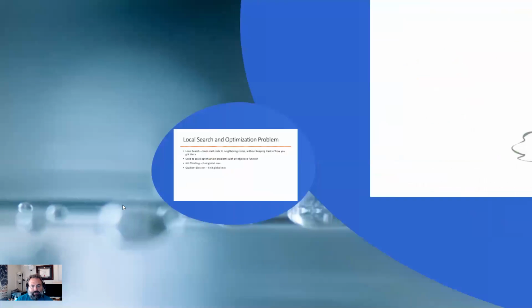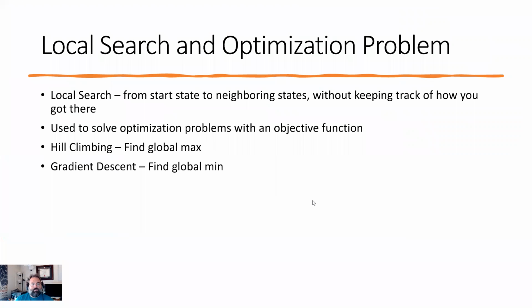So, drilling into that a bit more, whenever you talk about local search, you're talking about a start state, and then you look around you at the neighboring states that you can go to, and you don't necessarily keep track of how you got there. So it's very uninformed in that regard. You're just looking around: hey, that's better than this, so I'm going to go this direction.